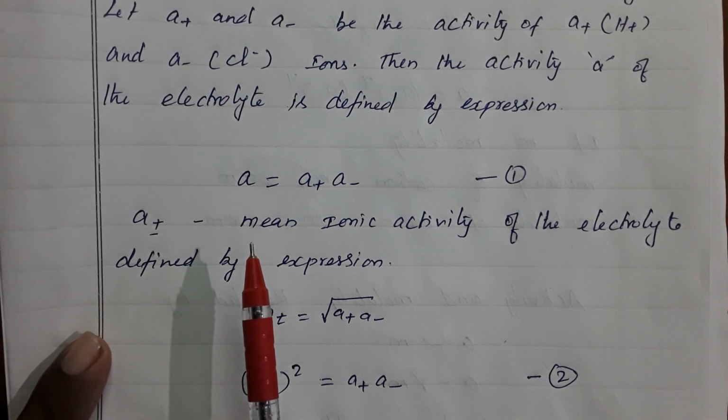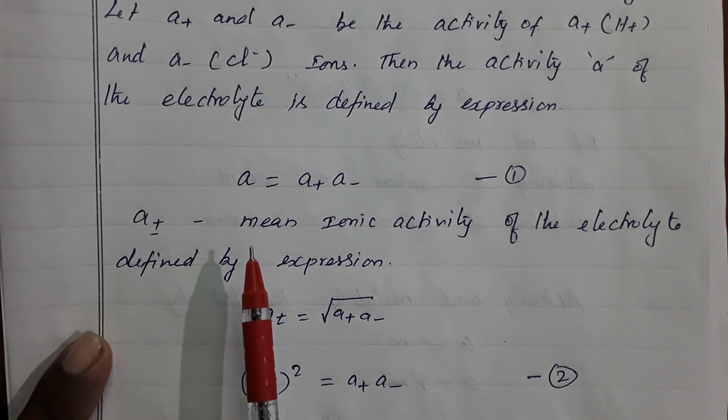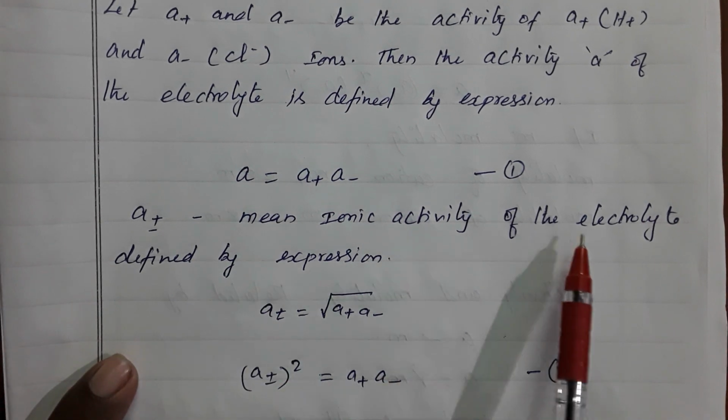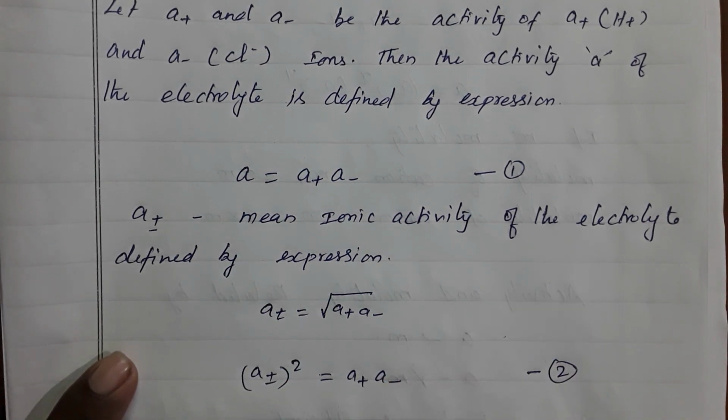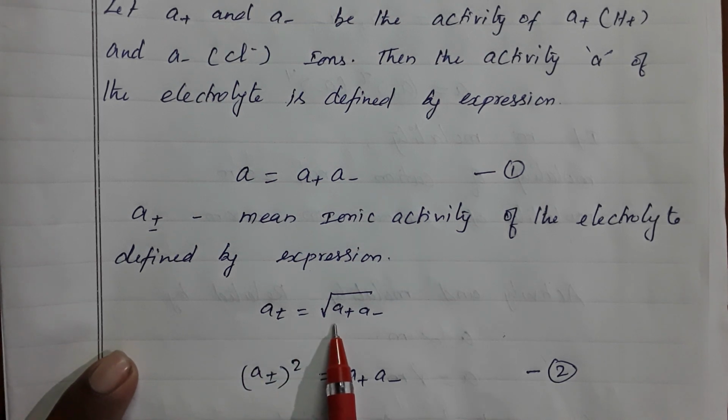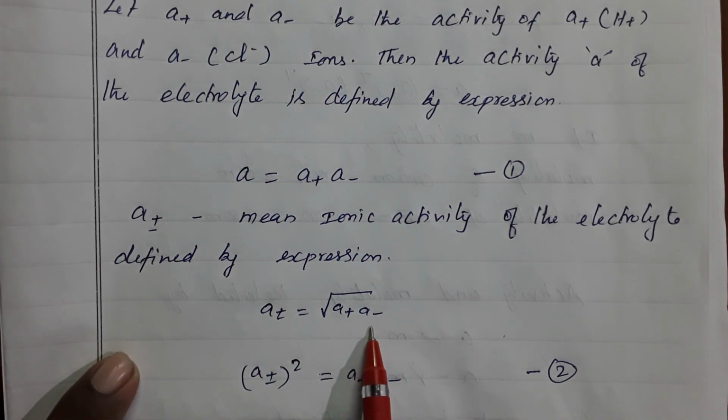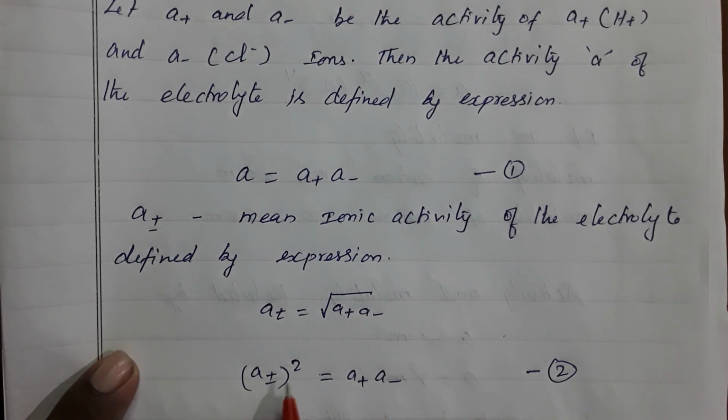Here we have to take the mean ionic activity because it involves many ions. The mean ionic activity is taken as the geometrical mean, that is, a plus-minus is equal to the square root of a plus times a minus. Squaring both sides, a plus-minus squared is equal to a plus times a minus.